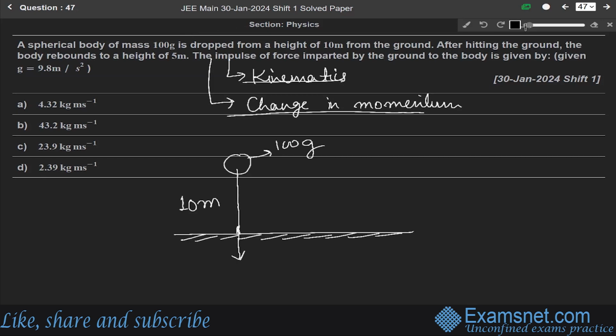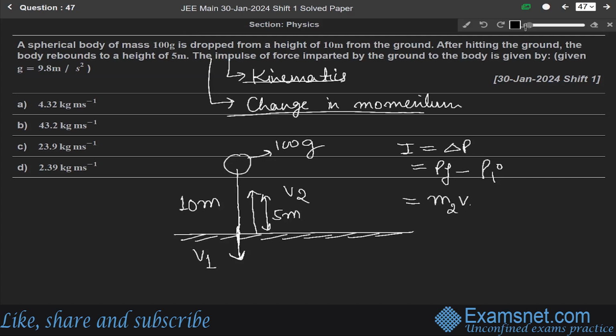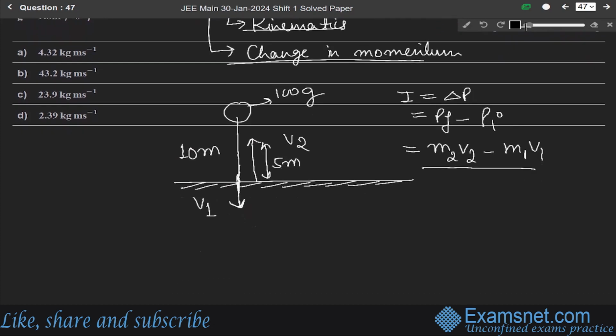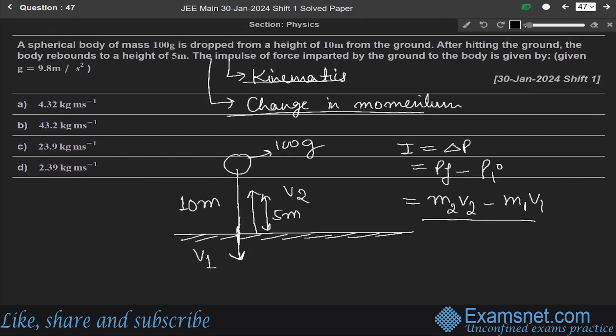Let us say when it is hitting the ground, its velocity is v1, and when it rebounds to a height of 5 meter, let us say its velocity is v2. So the impulse is the change in momentum, delta p, meaning final momentum minus initial momentum. Let us say final momentum is m2 v2 and initial momentum is m1 v1. Now just put these values and we will get our desired answer.